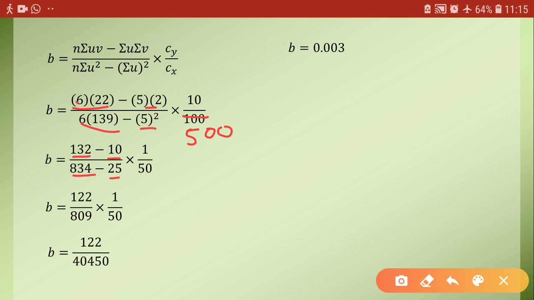Square of 5 is 25. So 0 0 cut, it's 1 by 50. Now 132 minus 10 is 122. 122 upon 809 into 1 by 50. So 122 into 1, and 809 into 50 is 405. So you will get b as 0.03.